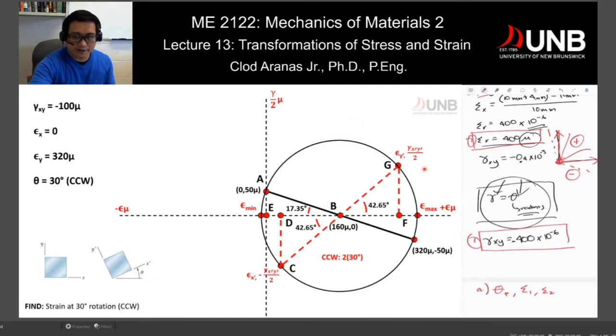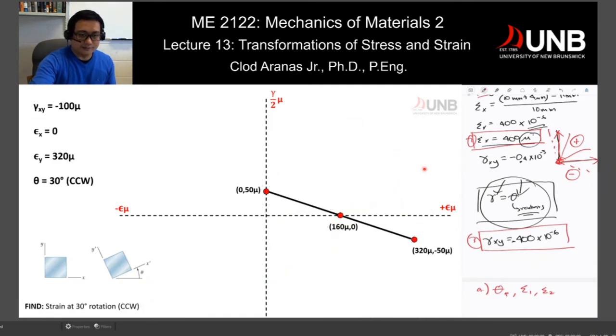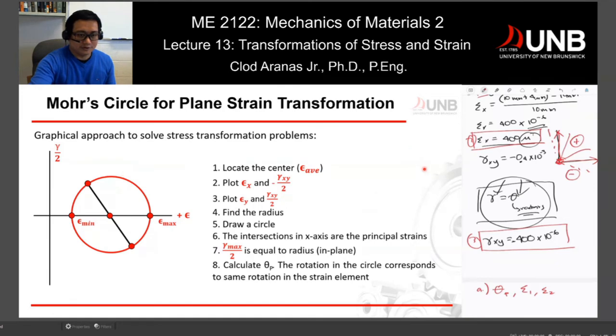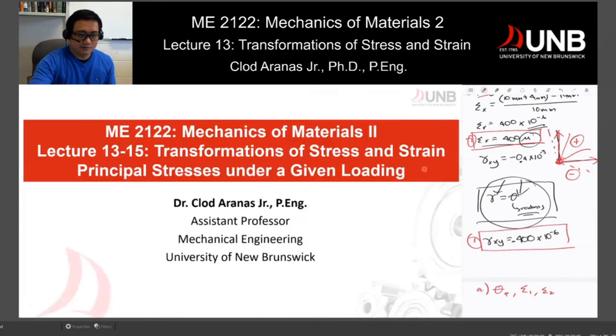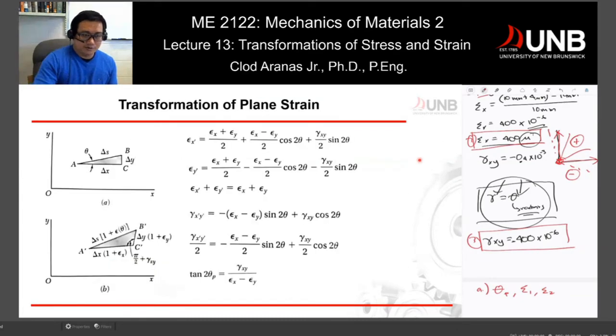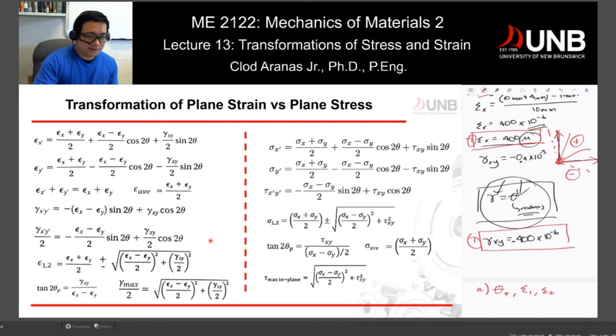So if I move back to my slides, where are those equations? Okay, you will see that it should be next. So you will see that it is this equation here, epsilon 1 and 2. You have the average normal strain plus or minus the square root of this quantity right here.